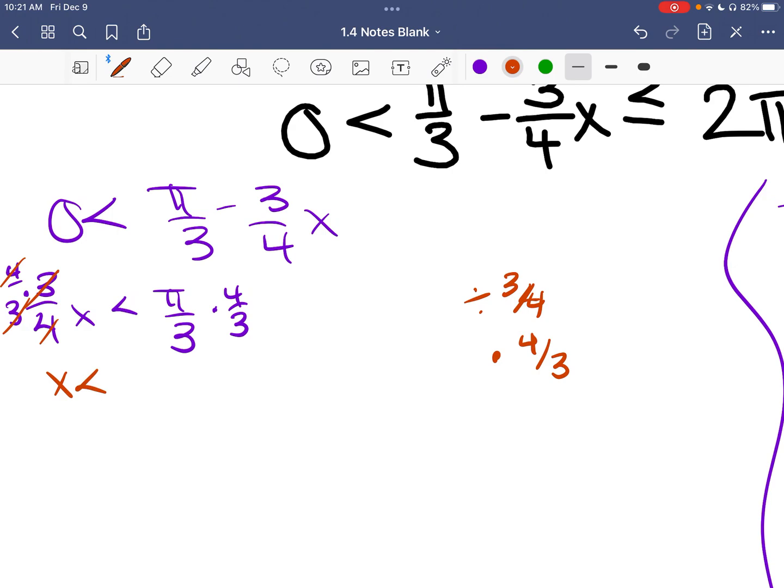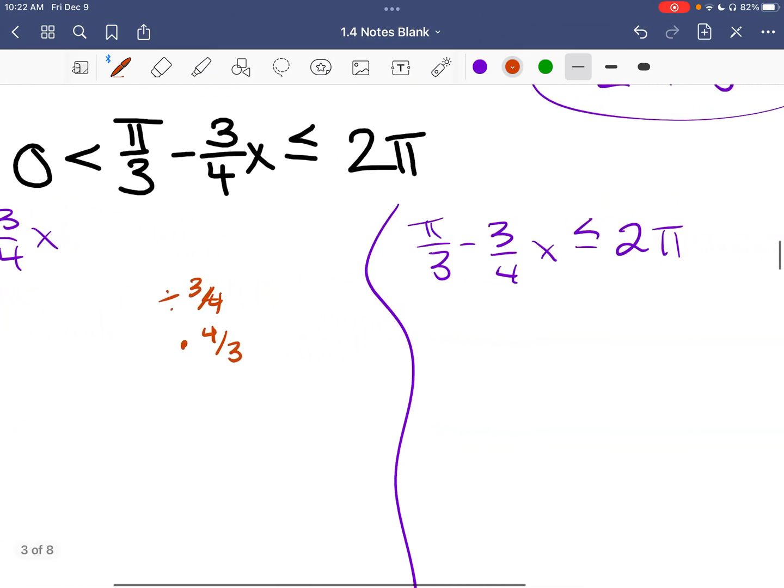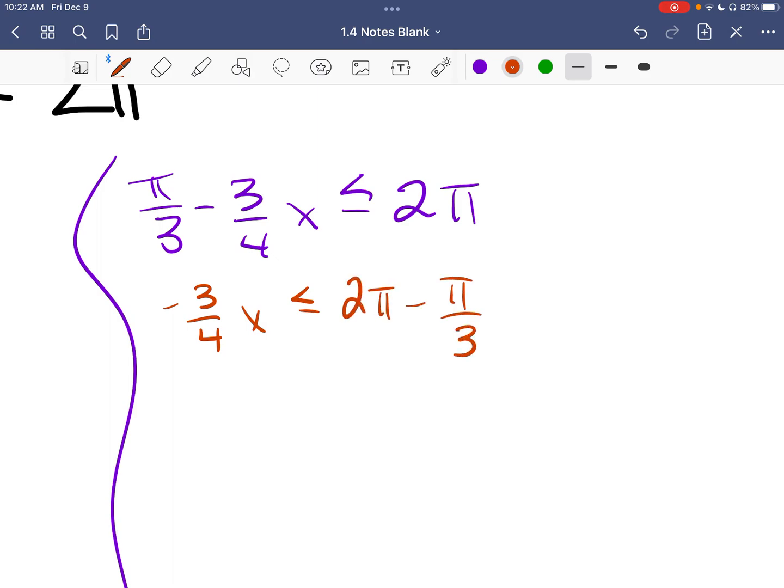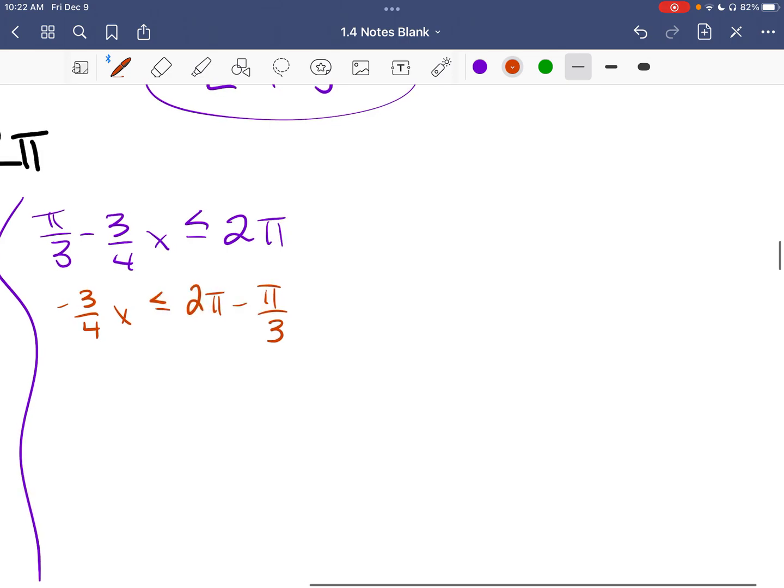So x is less than, we've got 4 pi over 9. Remember, pi is just a number, 3 and a bit. On this side, -3/4 x is less than or equal to 2 pi minus pi over 3. So we want a common denominator.